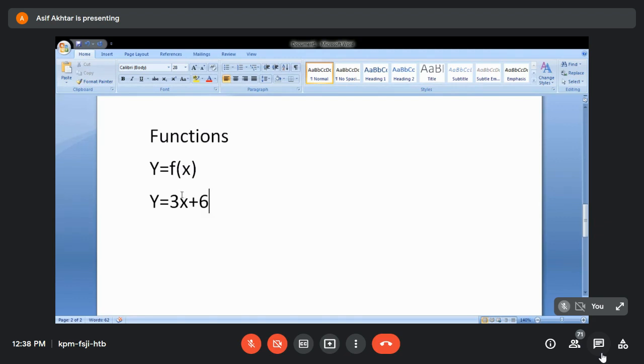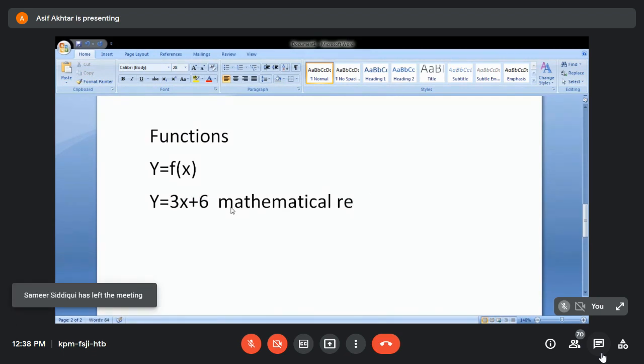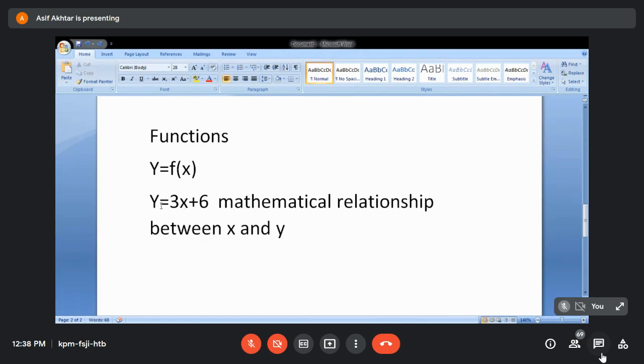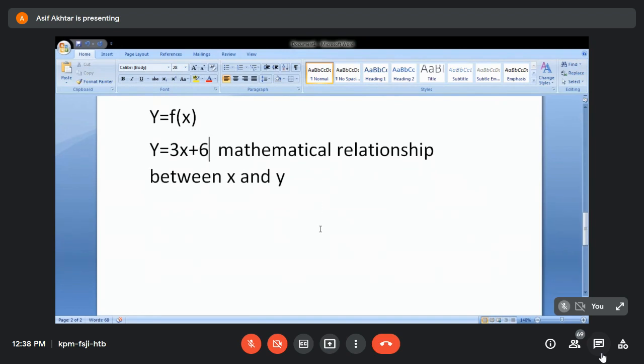So y equals f(x), what is this f(x)? This f(x) is this 3x plus 6. There is a mathematical relationship between x and y. So the exact mathematical relationship between x and y is this: y equal to 3x plus 6.